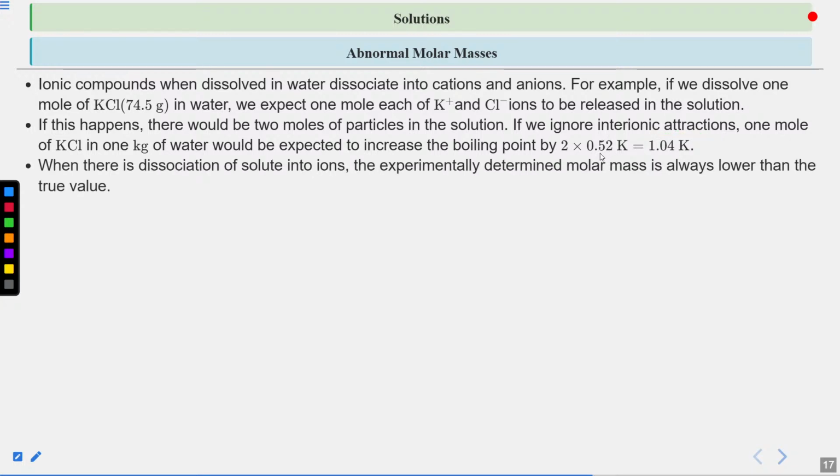And when this value of elevated boiling point is taken and we calculate the molar mass experimentally, it will deviate from the value which is calculated without considering the ions.